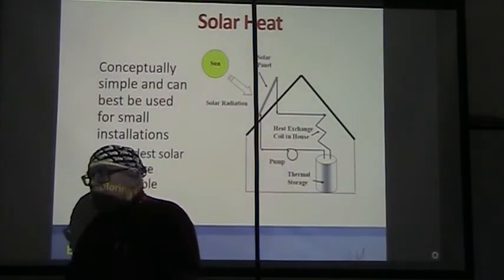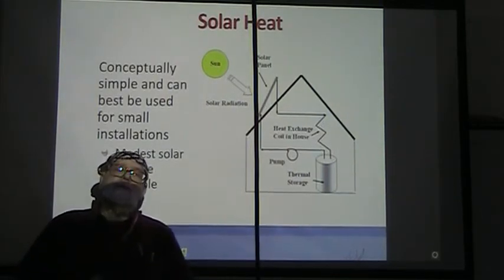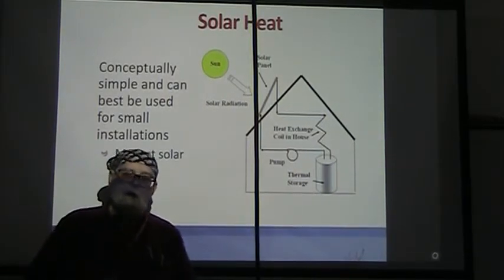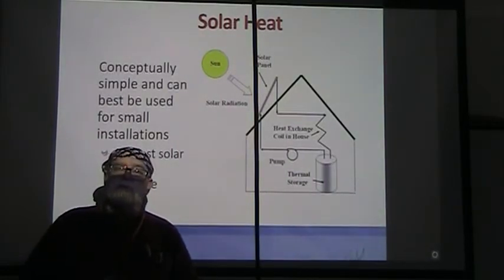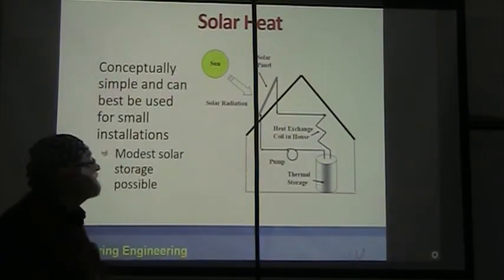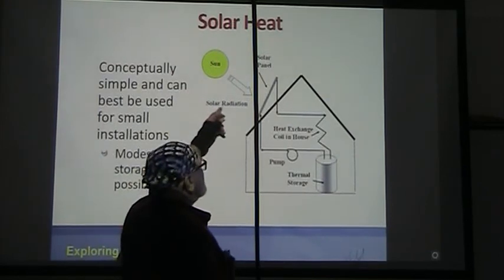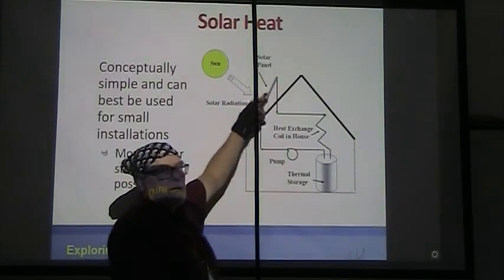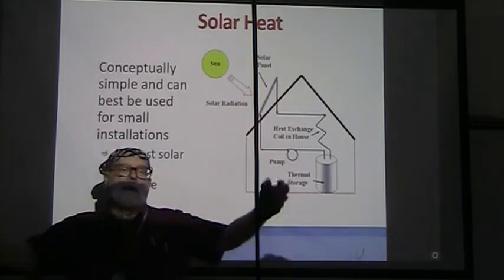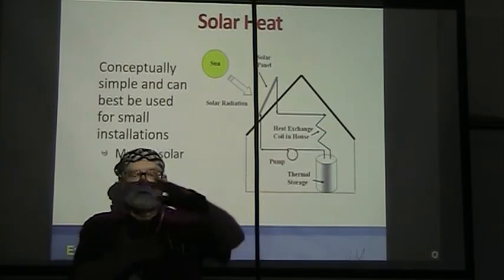All right, well, solar heat is even simpler, and you have less efficiency loss with that. So more of the solar power is used when we use solar heat. We have the sun, radiant energy coming down, and a solar panel, usually just a little box.